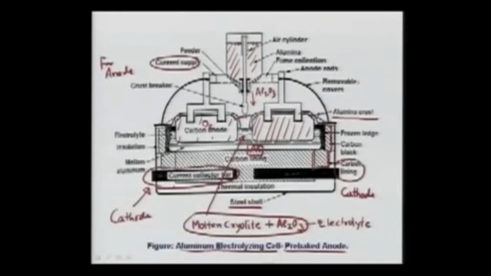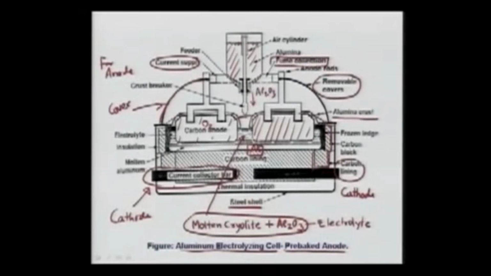And then the whole thing is covered by the hoods, see here. And this is also my cover. In fact, this cover can be removed, because we need to do some operation in here. The other thing you see here is the fume collection system.